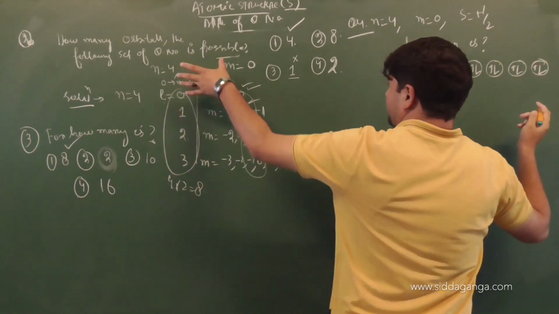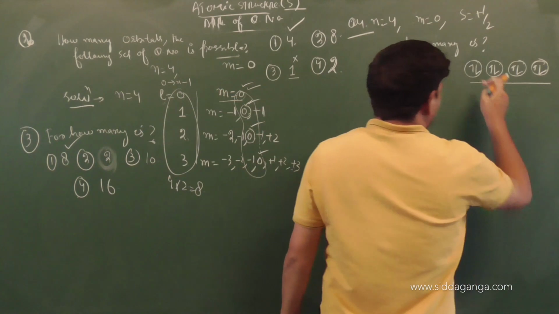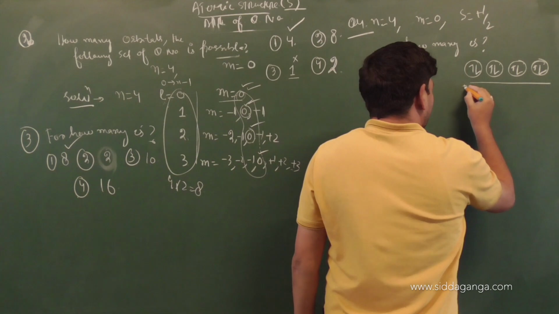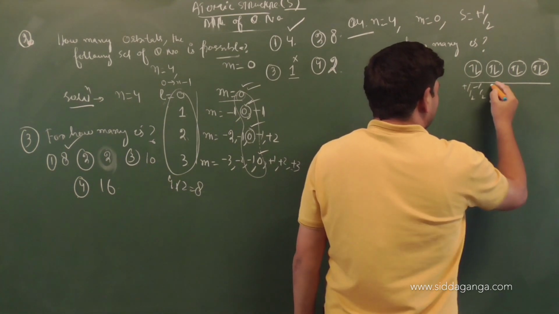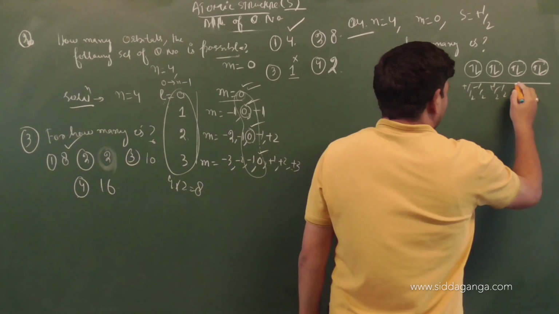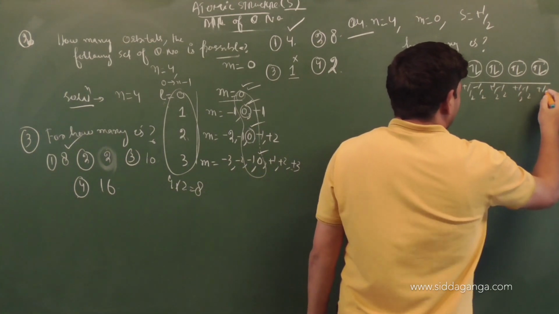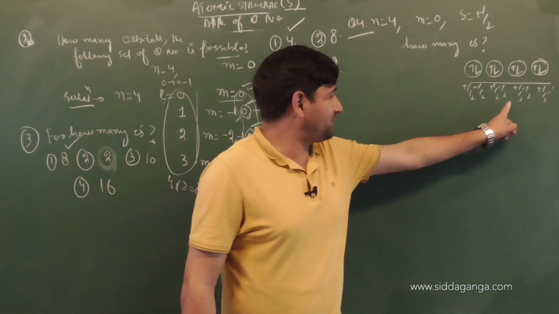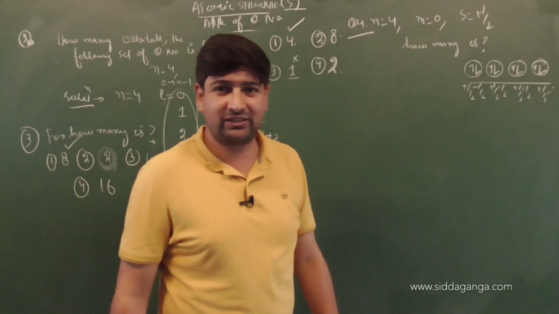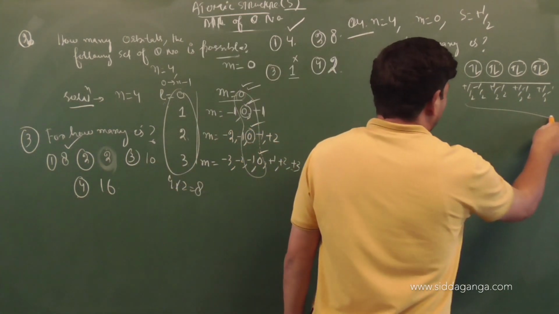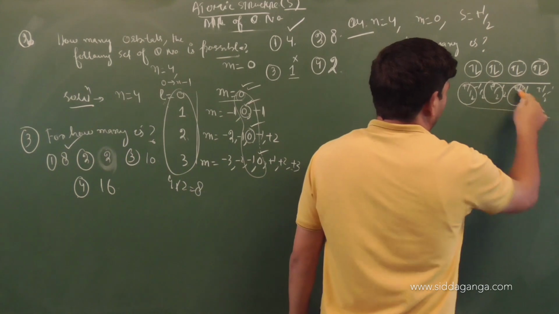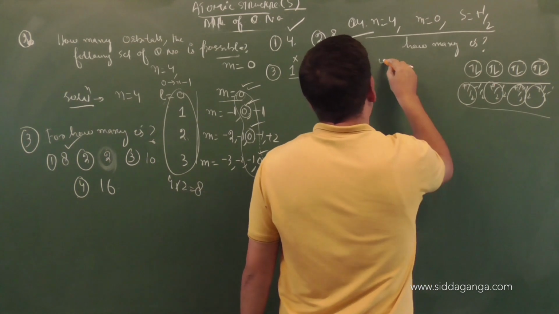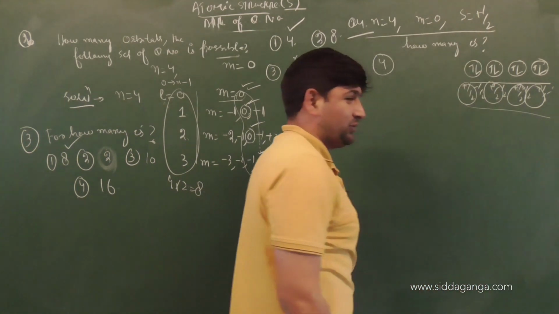Because according to the given quantum numbers, there are 4 orbitals mentioned, and those 4 orbitals will have 8 electrons. Each orbital will have plus half, minus half, plus half, minus half, plus half, minus half, and plus half, minus half. Am I correct or not? So out of these 8 electrons, how many have plus half spin? 4. Then for how many electrons is this set of quantum numbers applicable? Only 4 electrons.